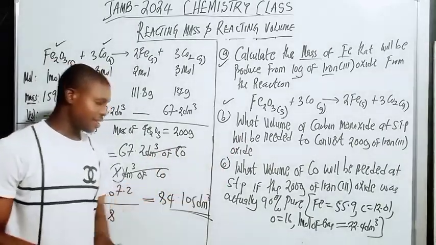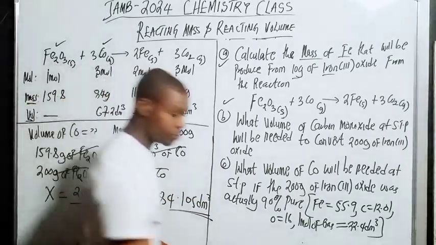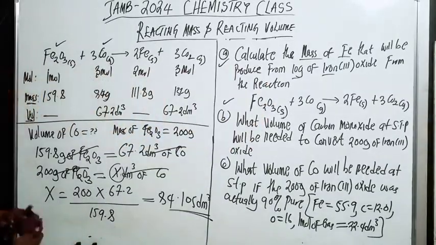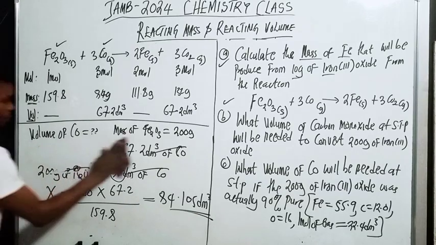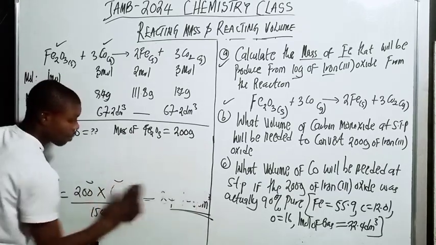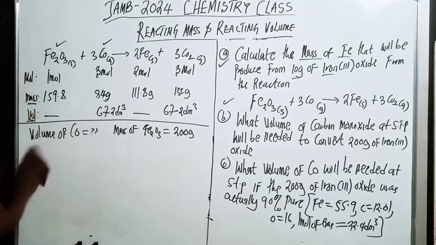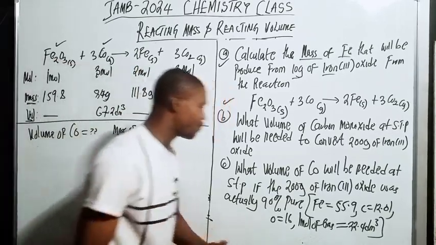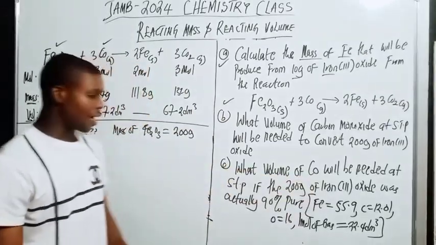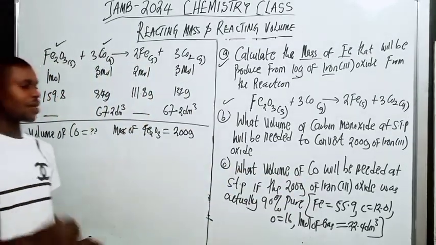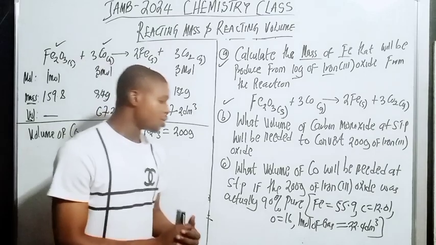So let us look at C. How do we calculate C? It's still the same thing. You're still looking for the volume of carbon monoxide.